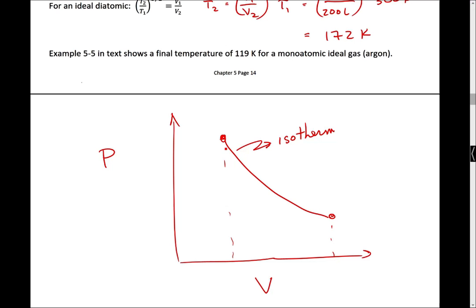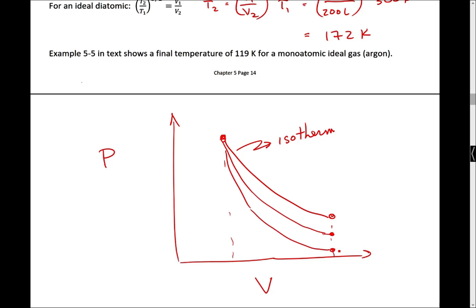So for one of my gases, I end up at that final pressure. And for my other gas, I end up at that final pressure. Okay? All right. So if we think about it, we have all these gases, same number of moles, right? The only difference is the pressure, and that's due to the temperature. All right? So this corresponds to the monoatomic or the diatomic.